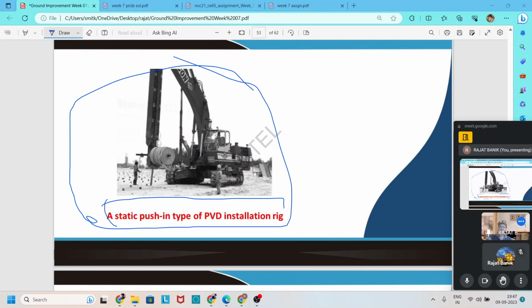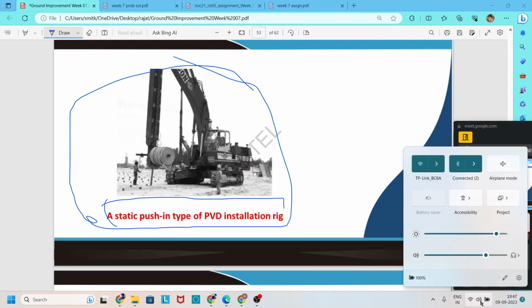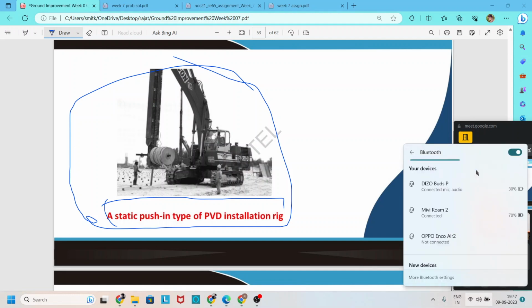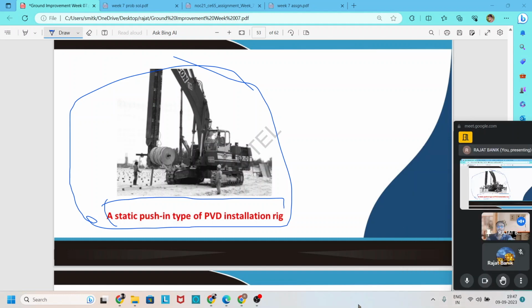By the static push method, this prefabricated vertical drain is installed into the ground, and the figure is shown like that.